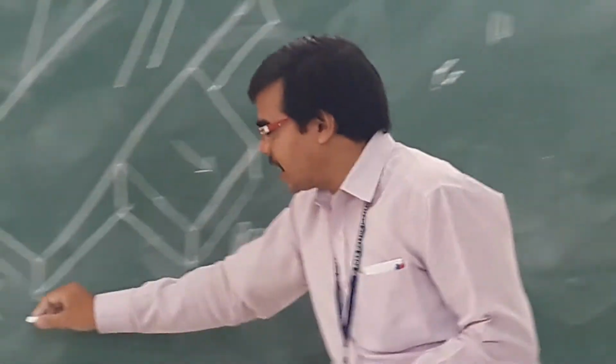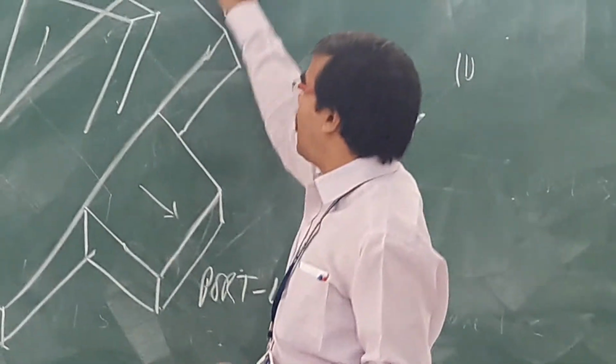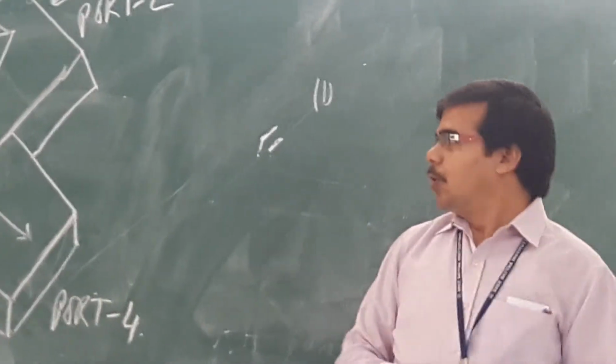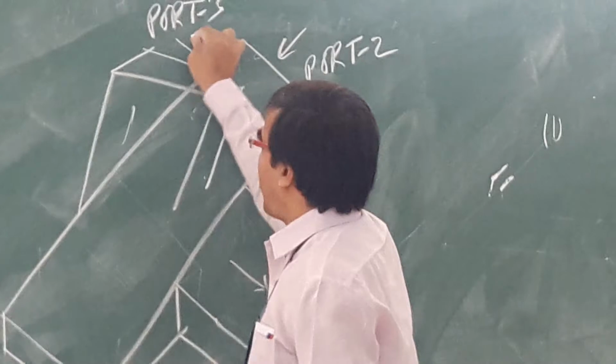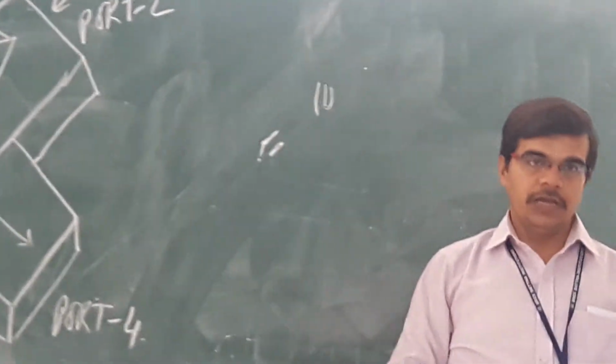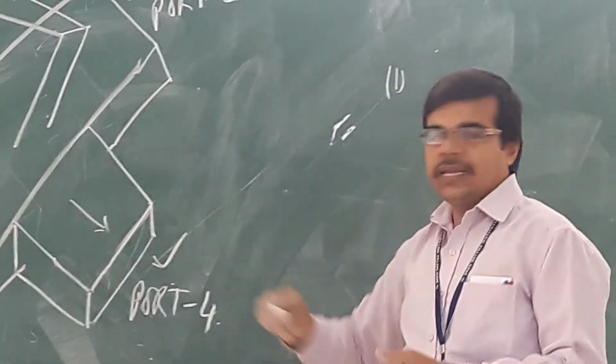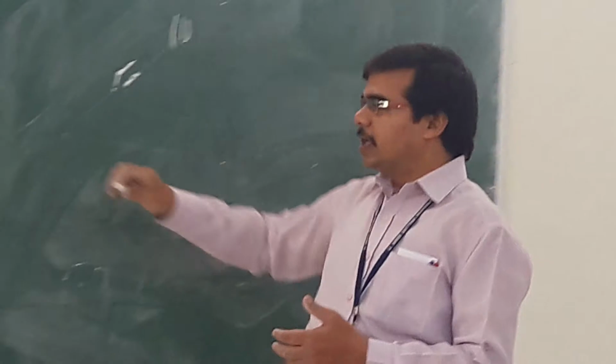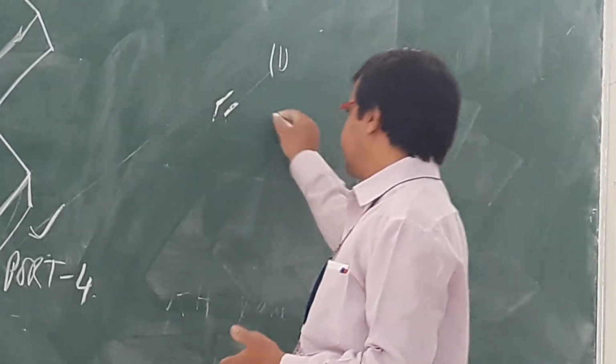Suppose we are giving equal power at port 1 and port 2, we will not get any power at port 3, and we will get the additive power at your port 4. So this is the first operation.